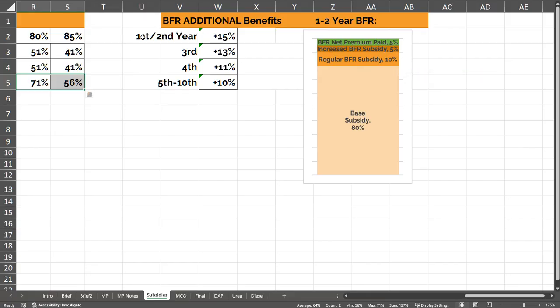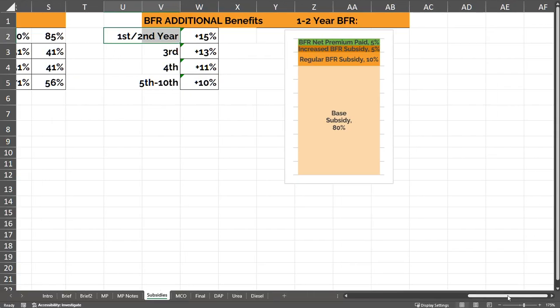Now they came out and said, if you're in your first or second year, we're going to give you 15%. So that's another 5. So for example, a first or second year beginning farmer is only going to have to pay 5% of the premium on a revenue protection policy, and that could also include SCO and ECO. So a lot of really, really big benefits there for beginning farmers, so make sure you're on top of that. Make sure you're getting your paperwork filled out for that, and you're aware of your years of eligibility.